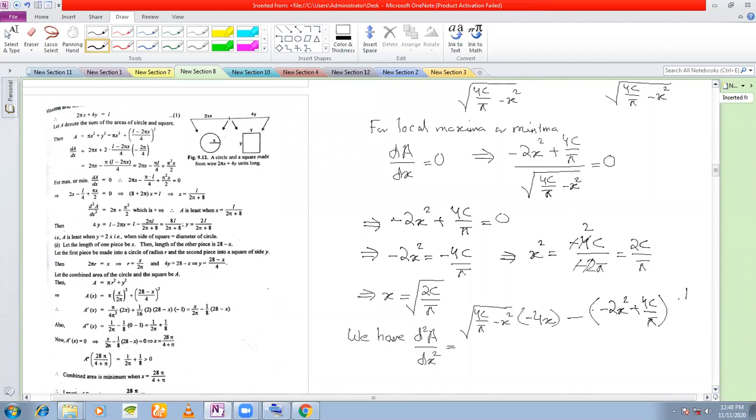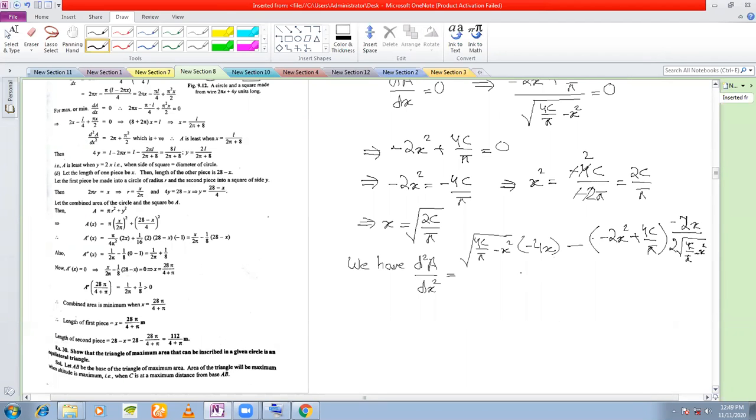It is minus 2x by 2 root 4c/pi minus x square, whole divided by root of 4c/pi minus x square whole square. Simple application of the u by v rule.